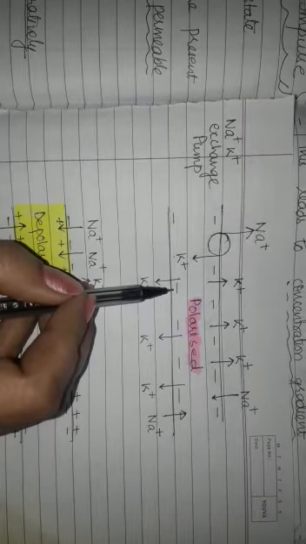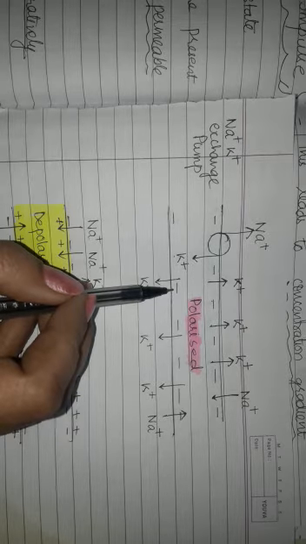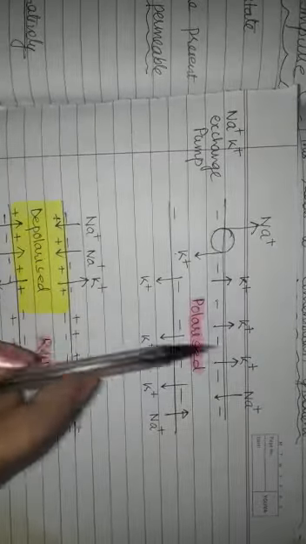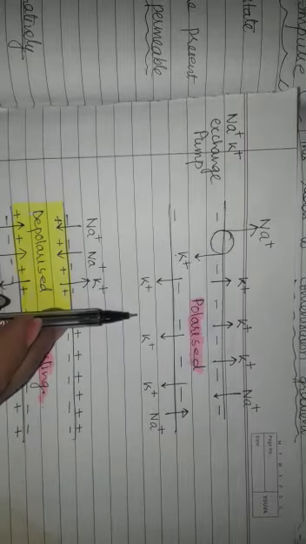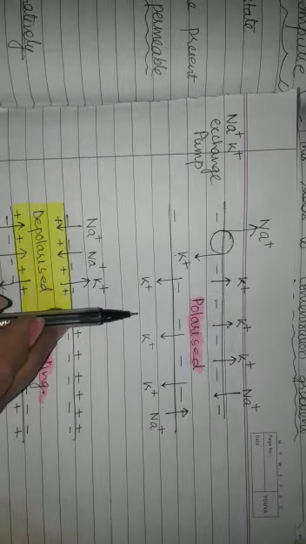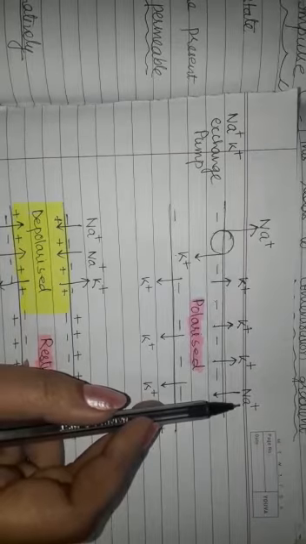It has a high concentration of potassium ions and negatively charged proteins, and a low concentration of sodium ions. Whereas the fluid present outside the axon has a low concentration of potassium ions and a high concentration of sodium ions.